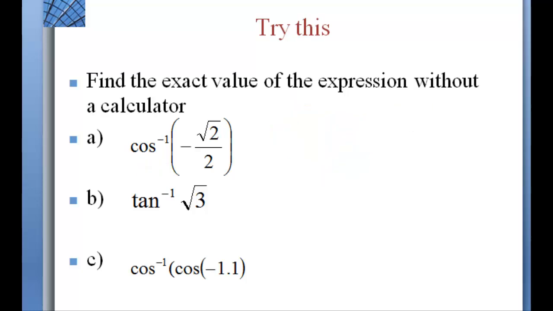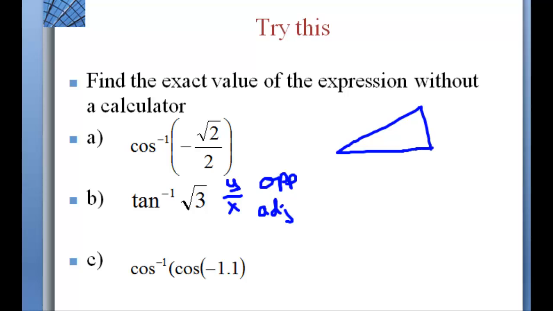All right, where is the inverse of the tangent of square root of 3? Remember, tangent is the y over x, the opposite over the adjacent. We can do this with our triangle. We have a 30, 60, 90 triangle: 1, 2, root 3. We want the opposite over the adjacent to give us root 3.